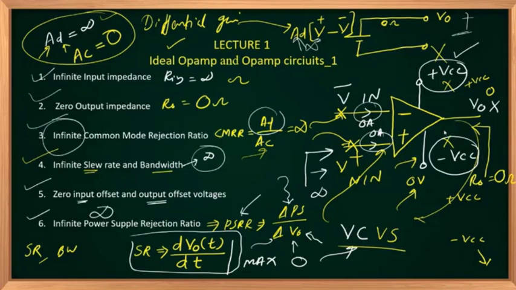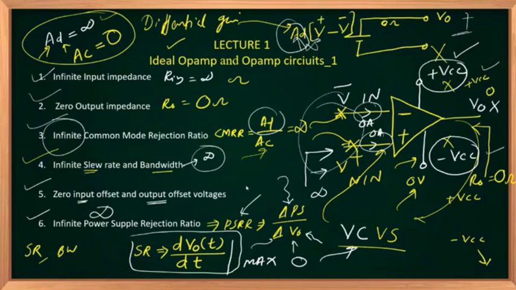Then you will be having so many doubts in your mind. If you are using an op amp as an amplifier, since the differential gain is infinity, I will get plus VCC or minus VCC depending on the polarity of V plus minus V minus. In that case, output is independent of the input signal you are going to apply. Right? It should be dependent. Amplifier implies V out should be proportional to V in always.